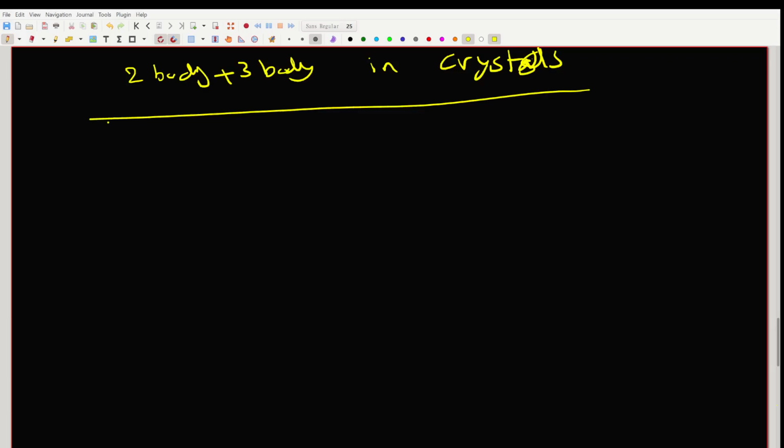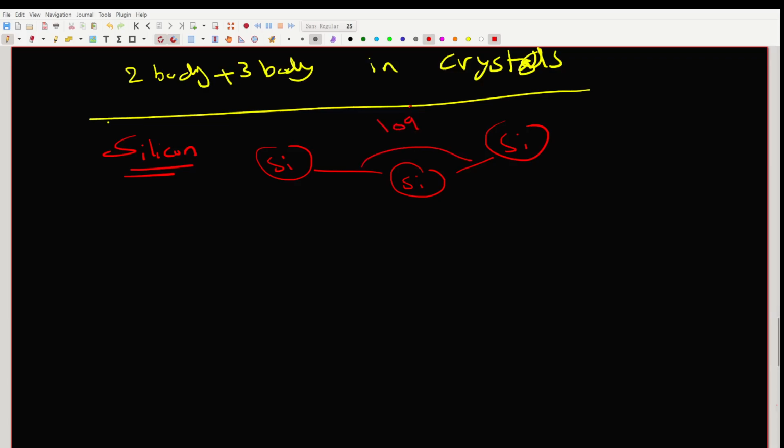The classical example is silicon. In silicon crystals, of course, it's hard to draw this in three dimensions by hand, but typically every three atoms make a characteristic angle of 19 degrees.